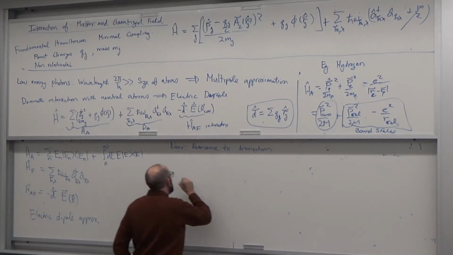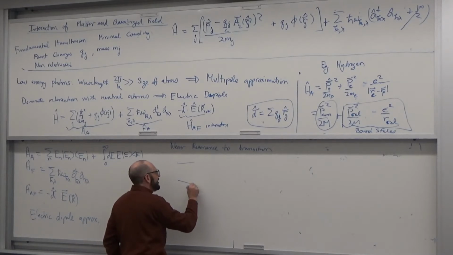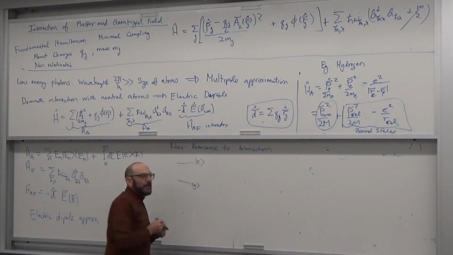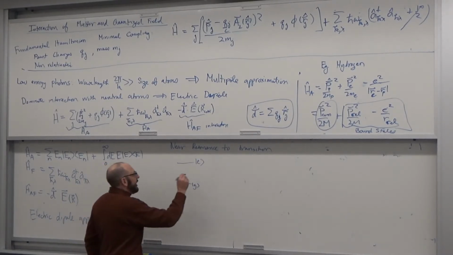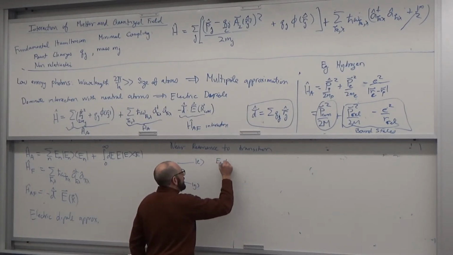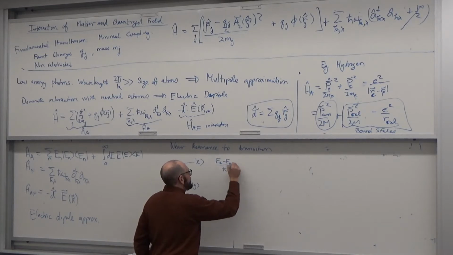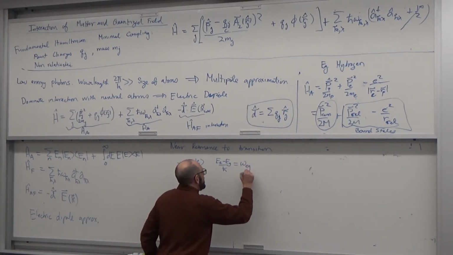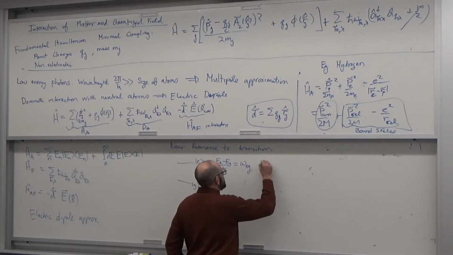So we have two levels that we're going to consider that we, as always, call G and E, separated with some energy such that this is the resonance frequency.